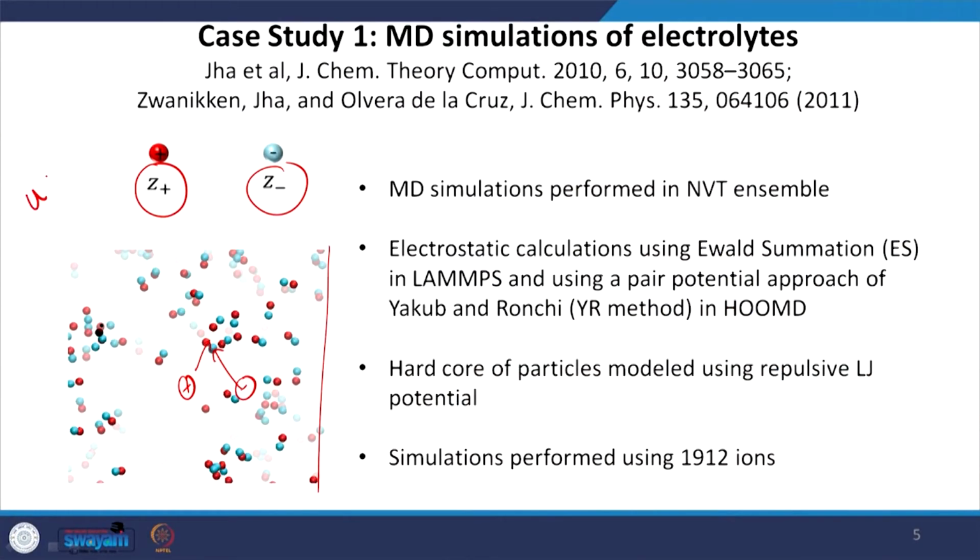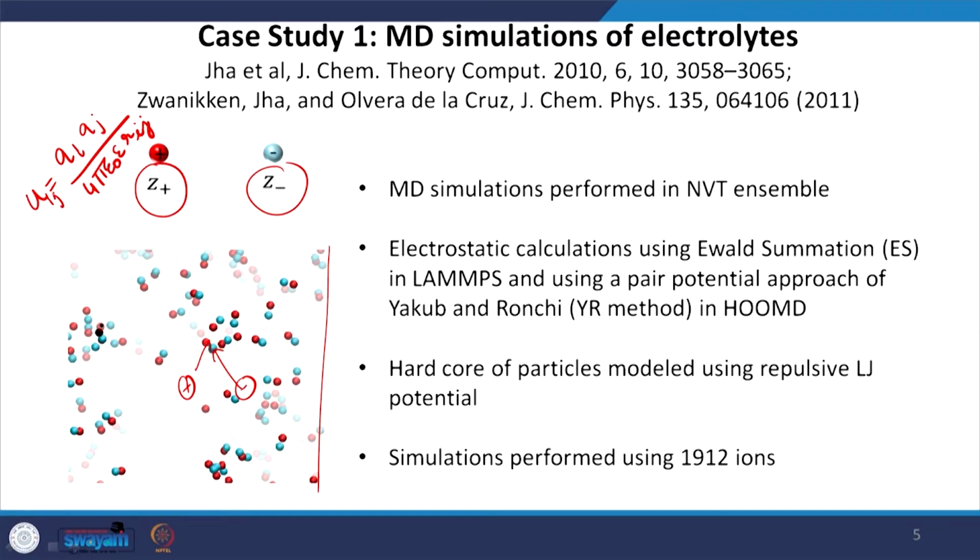One is the standard Coulomb interaction, that is given by the energy as Qi Qj by 4 pi epsilon r_ij, where r_ij is the distance between particles i and j, and Qi and Qj refer to the two particles. Now, if i and j are both positively charged, then Qi equals z plus and Qj is z plus.